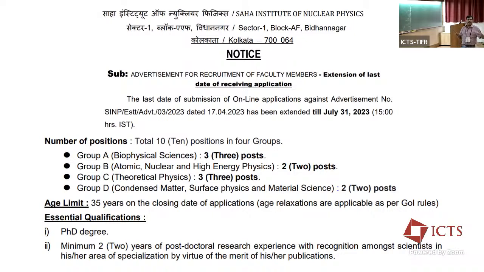So there can be 2 atomic physics posts, or at least one of them. The age limit is 35 years. This is important to remember. And we only need 2 years of postdoctoral experience. So apply, and please ask your friends and students to apply. Thank you for the talk.